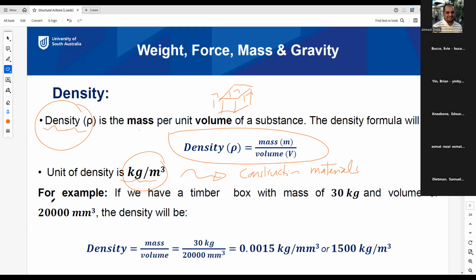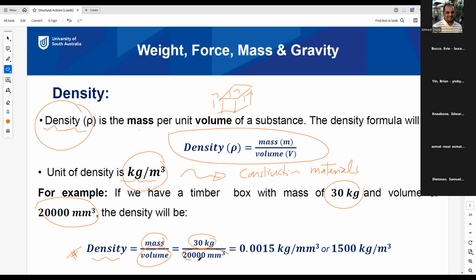So for example, if we have a timber box with a mass of 30 kilogram and a volume of 20,000 millimeter cubed, the density of this box will be density equal to mass over volume. The mass is given as 30 kilogram.